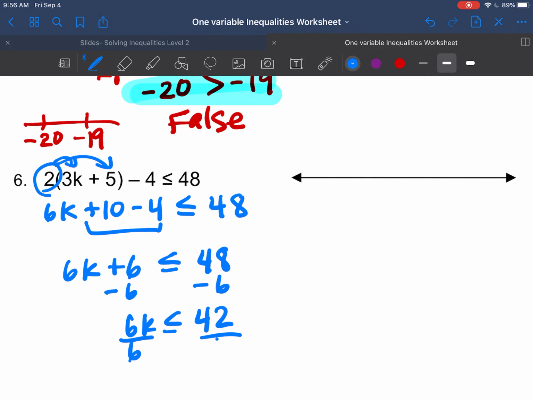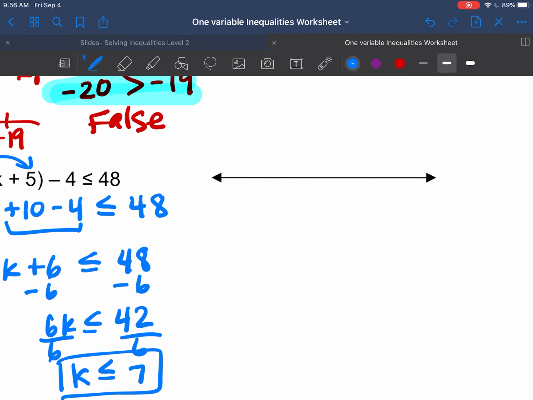Last step is divide by a positive 6, no flipping because it's positive. So k is less than or equal to 7. On our graph, 7 would be here, 0 would be here. Closed circle, because we've got this equal to. Less than is to the left.